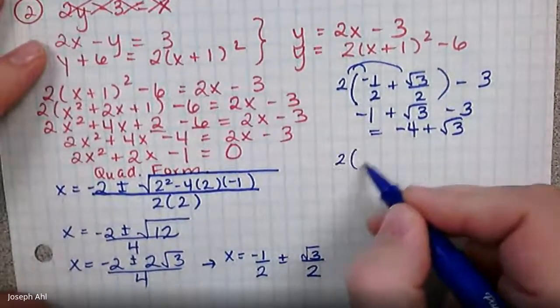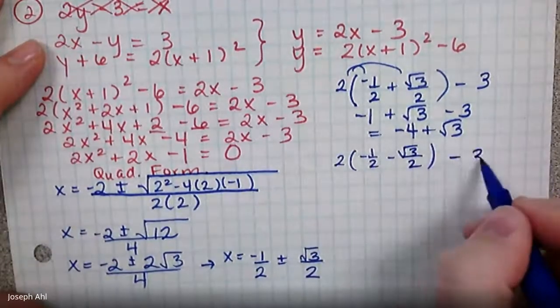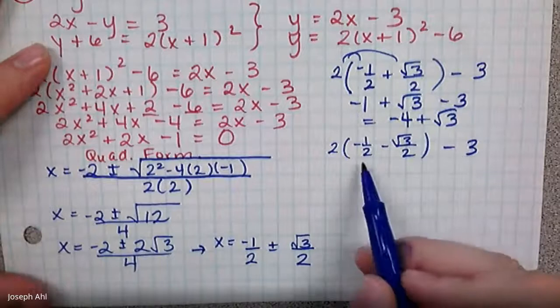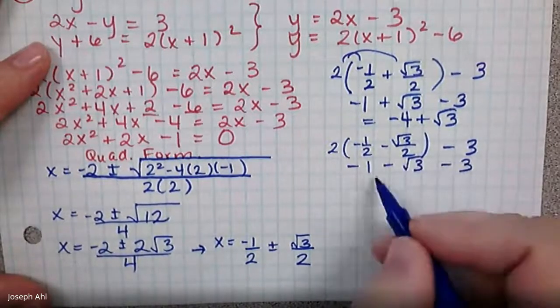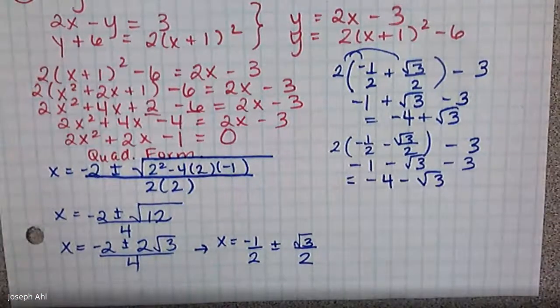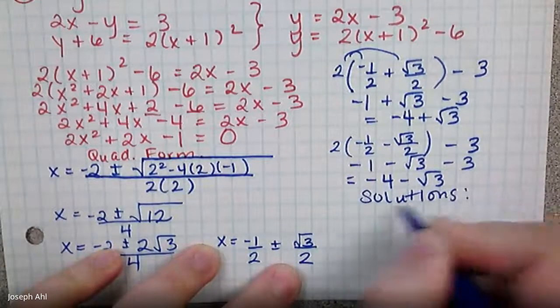If it's -1/2 minus radical 3 over 2, and then minus 3 afterwards, we're going to get -1 minus radical 3 minus 3. So you just get -4 minus radical 3 for the y value there. Okay, so all said and put together here, here's the solution.